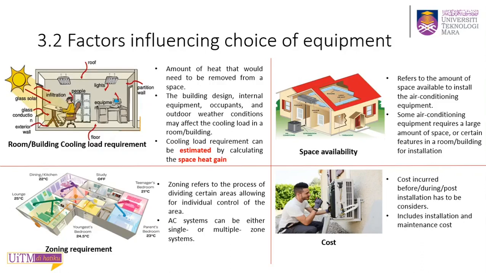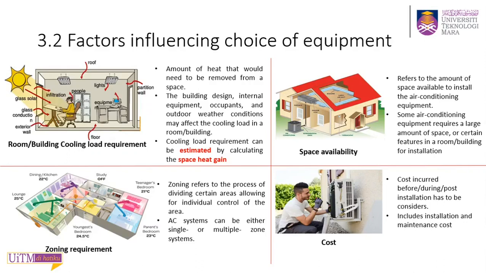There are many factors which will influence the amount of cooling load, for example, building orientation with respect to the sun, building materials, the use of space, and etc. In Chapter 4 later, we will learn how to calculate the cooling load for a space.